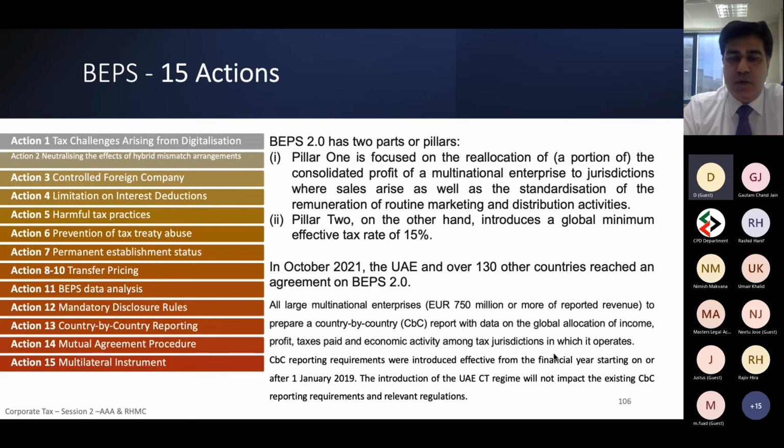As I referred to, it is applicable majorly for entities that have a euro 750 million plus reported revenue. So we are talking about reported revenue where this reporting period starts. So UAE, before even the taxation or Pillar 2 applies, the CBC reporting is starting, which is technically part of Pillar 1.